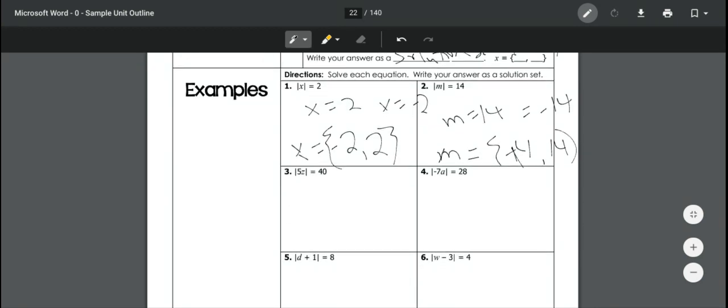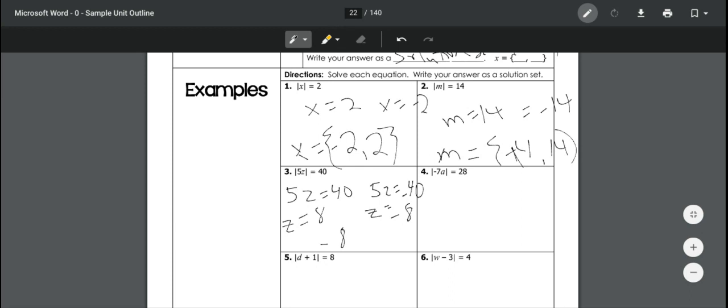Okay, next one. 5z is isolated because there's nothing else. So we're going to set 5z equal to 40, and then 5z equal to negative 40. Now this one, you'll have to solve. So we're going to divide each side by 5. So we get z equals 8. Divide by 5, we get z equals negative 8.